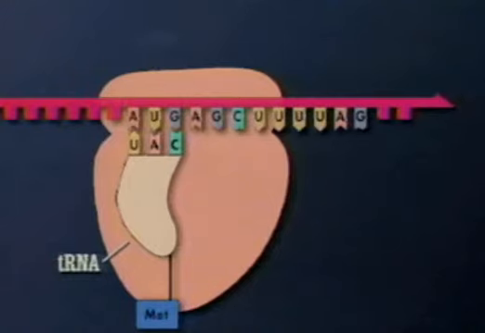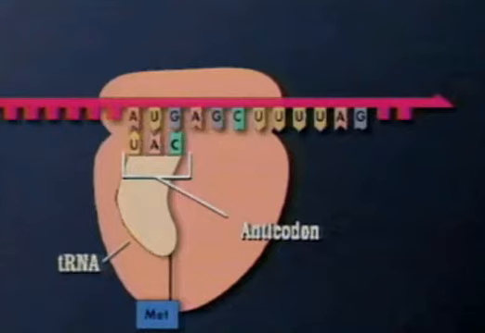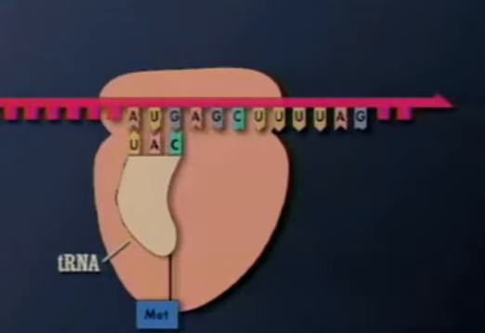Each codon matches a complementary set of bases, called an anticodon, on another kind of RNA, transfer, or tRNA. Each tRNA also carries one of 20 amino acids. Here, the tRNA carries the anticodon UAC with the amino acid methionine.